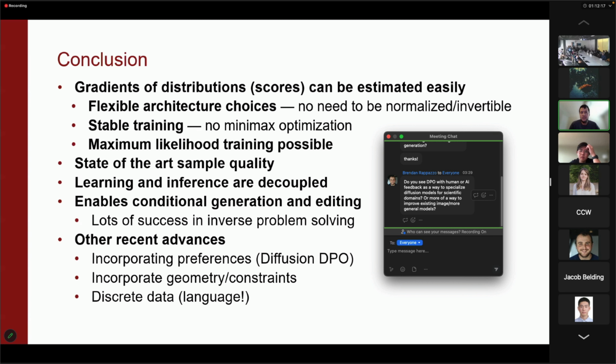You can define something similar in a discrete space as long as you have some kind of neighboring structure. The equivalent of a score function is a density ratio, it turns out, that is telling you if I were to flip a token in a sentence, how would the probability change? We call that a concrete score, and it's just a density ratio.